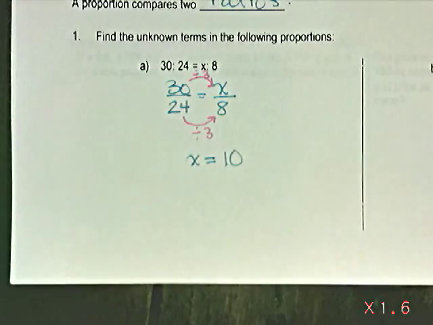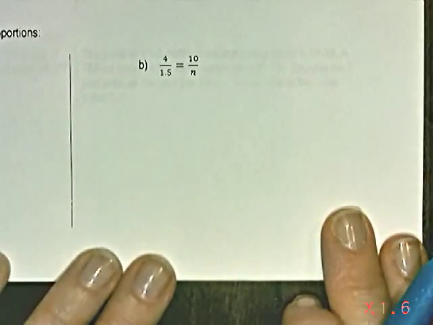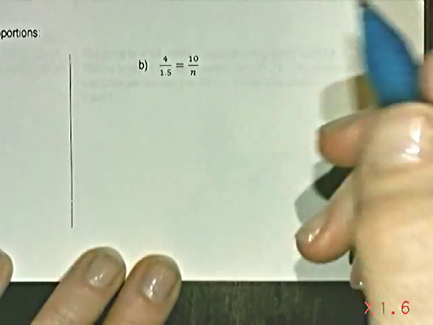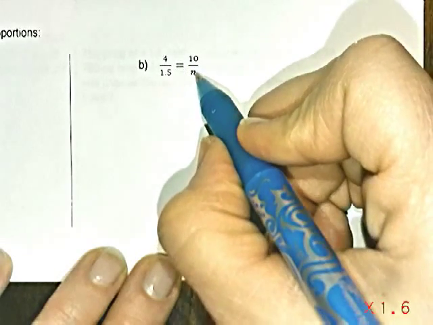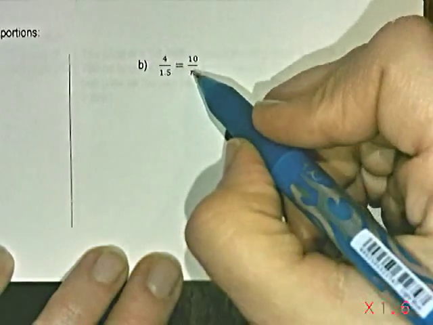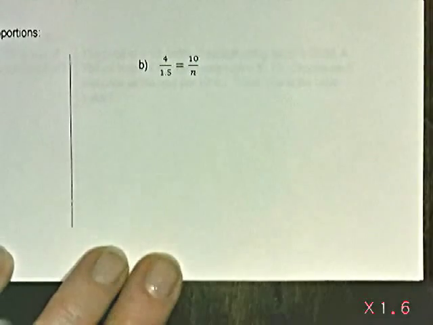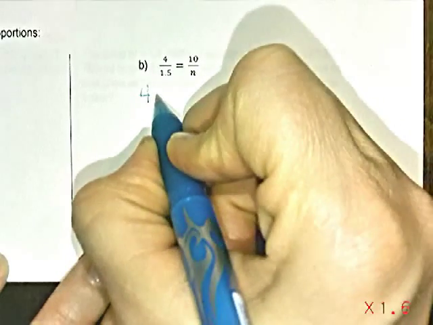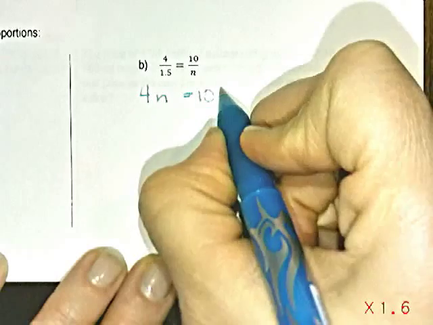Now some people think of these in a different manner. Some people think of these with the skill of cross multiplication. Really, it's just equation solving and moving the variable from one side to the other by multiplying both sides by n, but a lot of us think of it as multiplying up that n and multiplying up that 1.5. And when we do that, we would have 4 times my n is equal to my 10 times my 1.5.